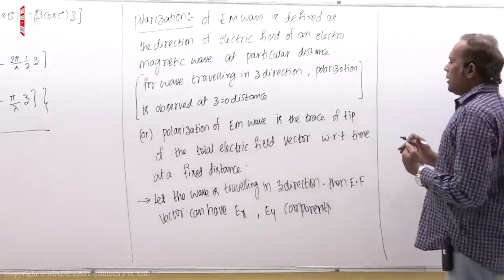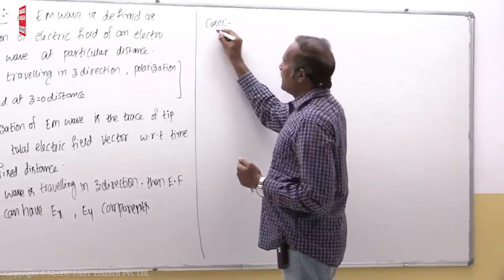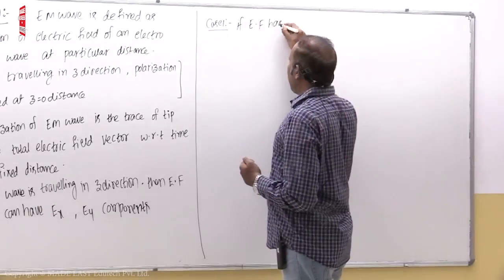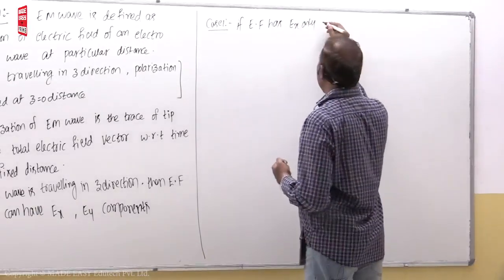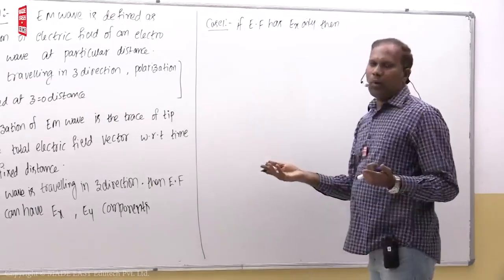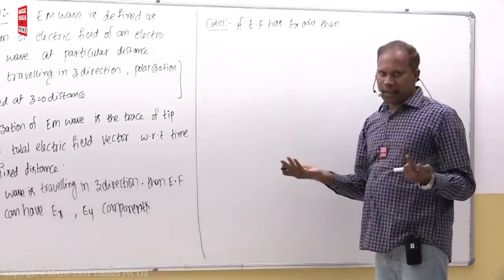So now case 1: if the electric field has Ex only, that means x component only, then the direction of the electric field is x direction. So the wave is said to be polarized in x direction.